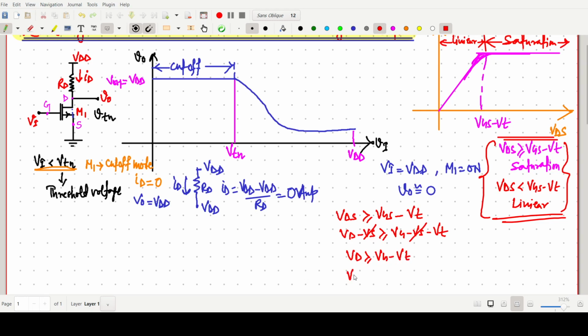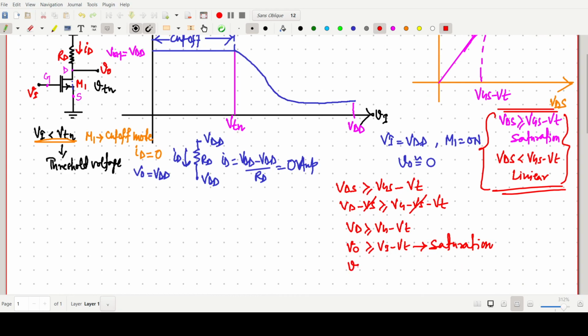Now VD is simply our output voltage. So V output is greater than Vi minus Vt. If V naught is greater than Vi minus Vt, it is in the saturation region, and when V naught is less than Vi minus Vt, it is in the linear region. Simple concept.